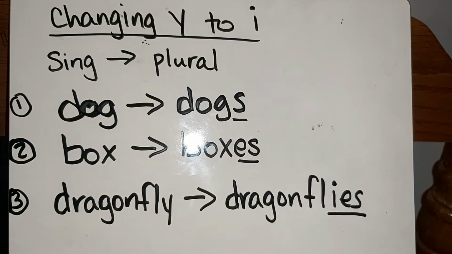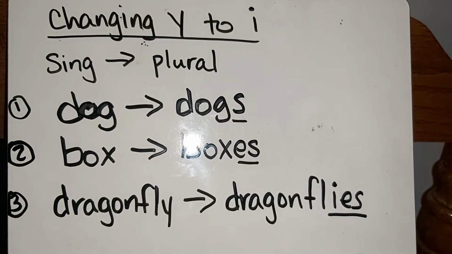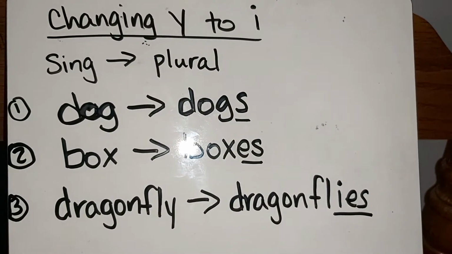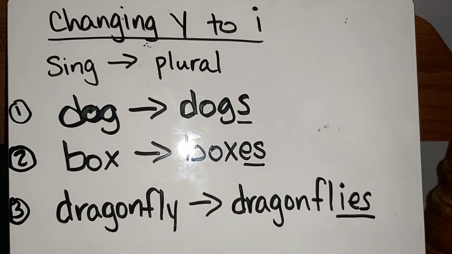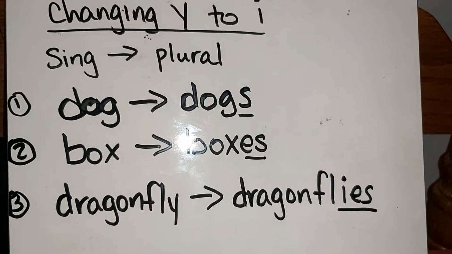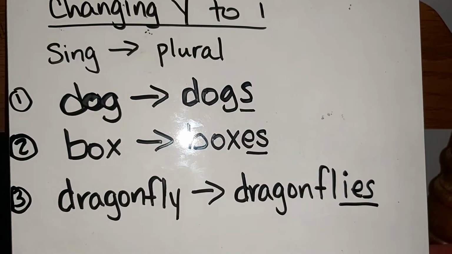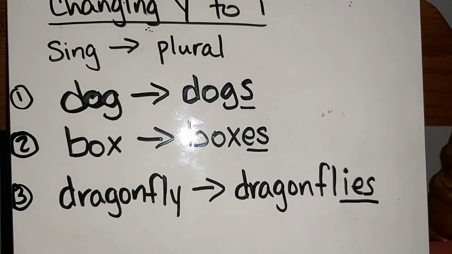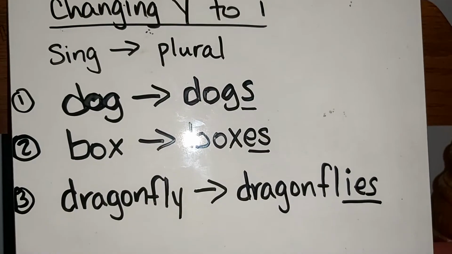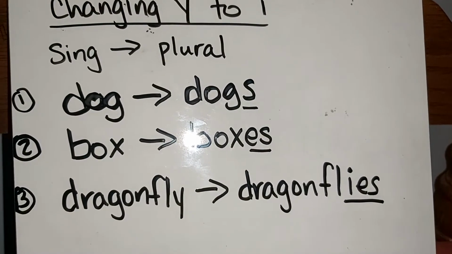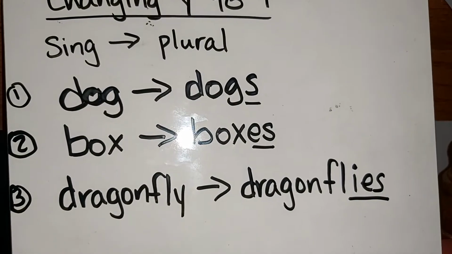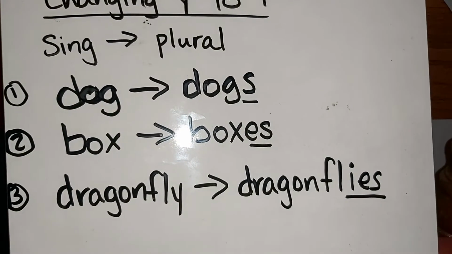And today for skills, we're reviewing changing Y's to I's. So previously we've learned when you're changing singular to plural nouns, rule 1, you add S. So you're adding S to certain words that don't end in X, CH, Z, S, words like that.